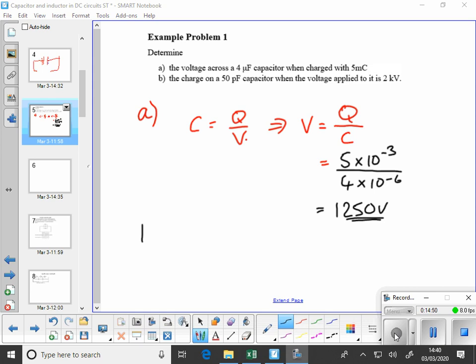And then B. Formula. Q is equal to CV, yeah.